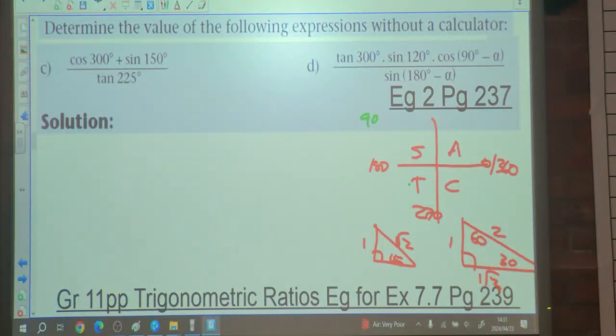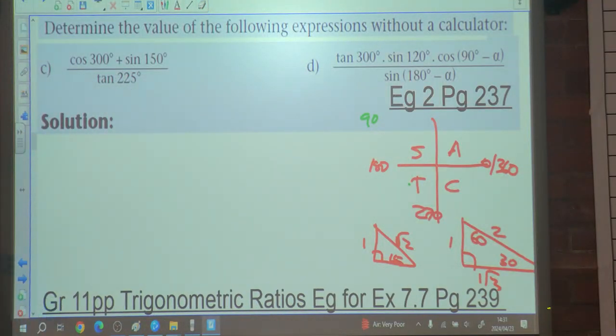Okay, people, let's look at C of example 2 on page 237.